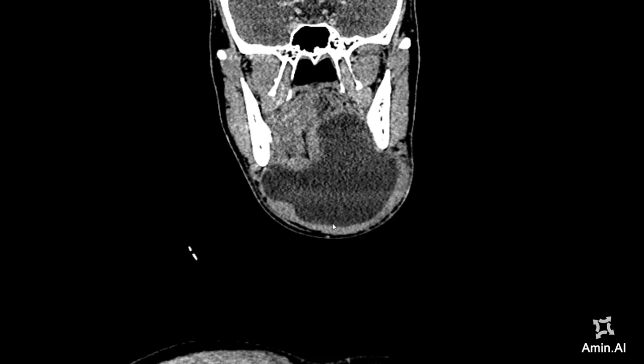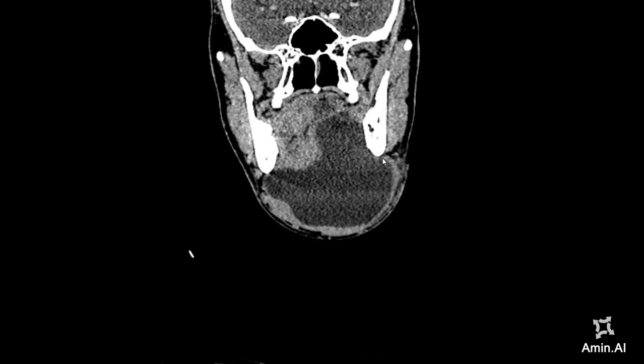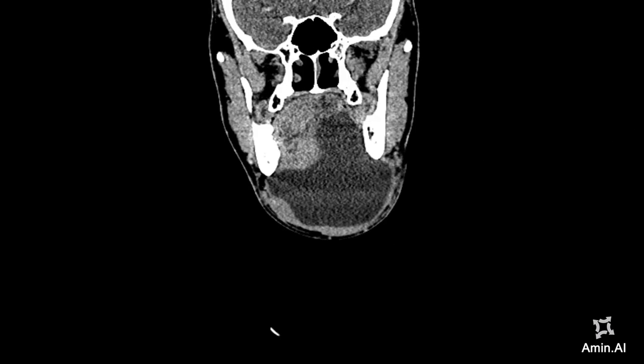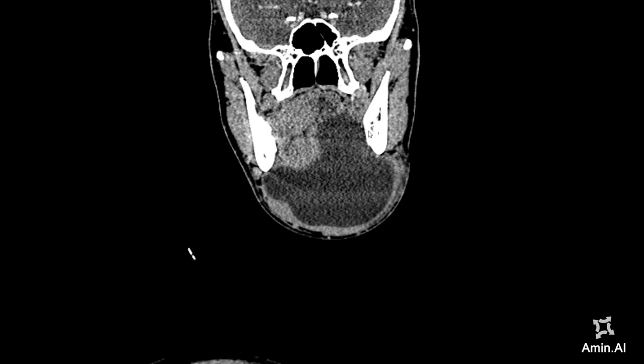And this area, which is a relatively thinned soft tissue structure running from one side to the other, appears more likely to be the mylohyoid muscle, which is relatively thinned out because of the significant pressure by the cystic area.